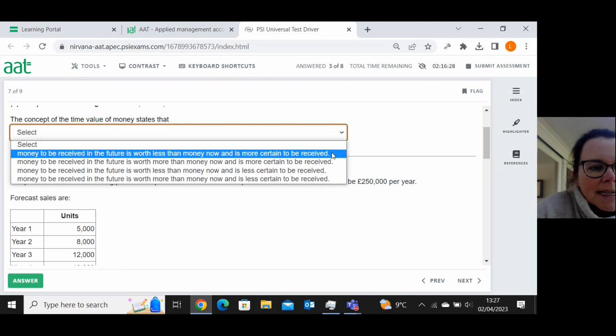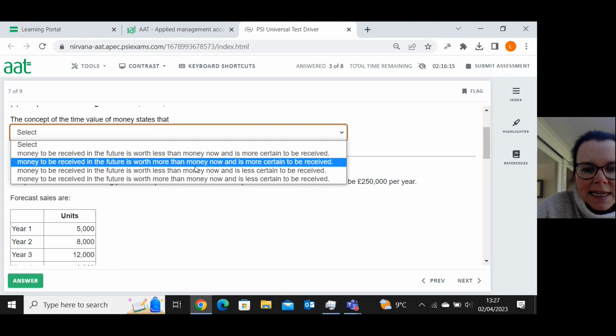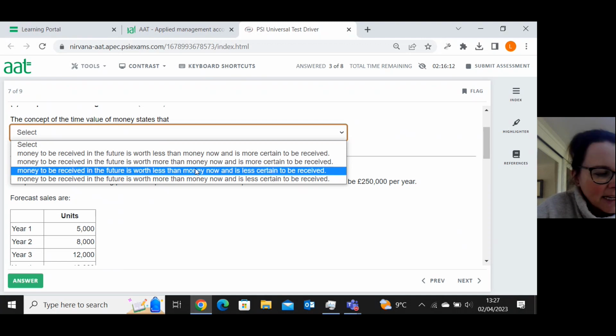So which of these is best? Money to be received in the future is worth less than money now and is more certain to be received. Well, it's definitely worth less than money now, but I would say it's less certain to be received.